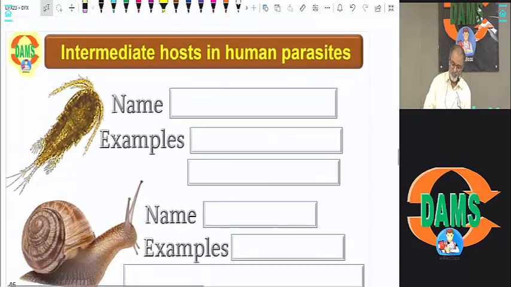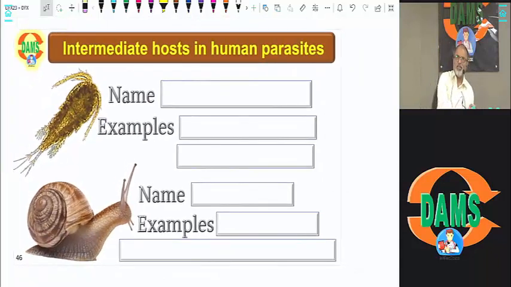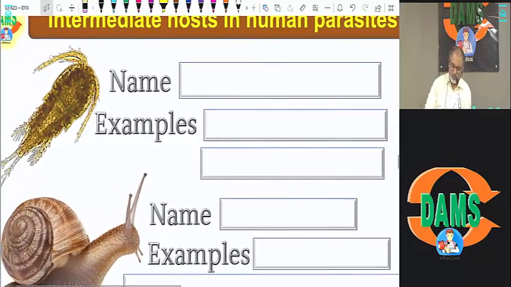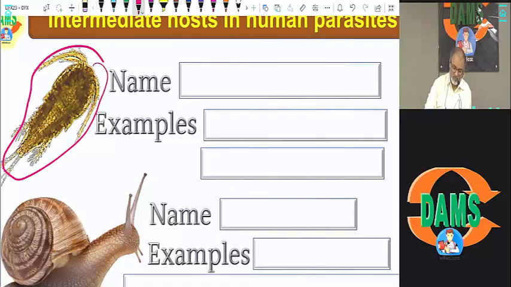Next, it is very important to learn the intermediate host in human parasites. Can you tell what the intermediate host is here?